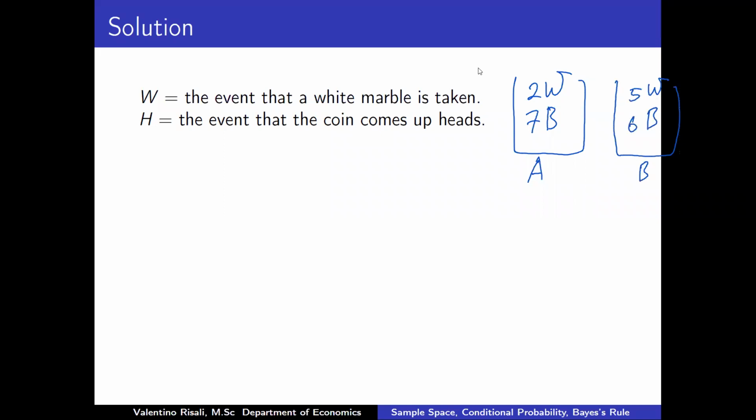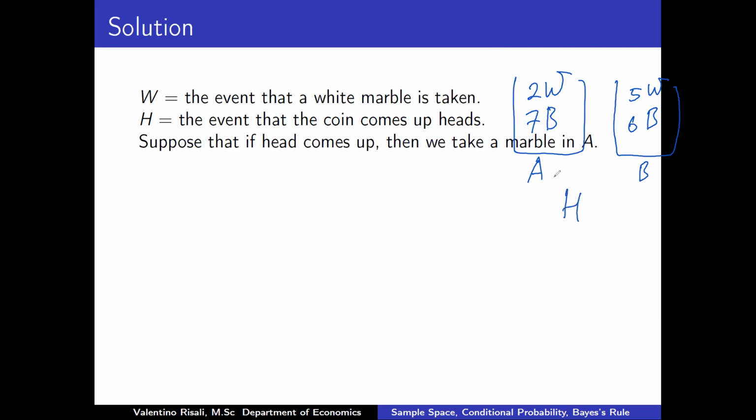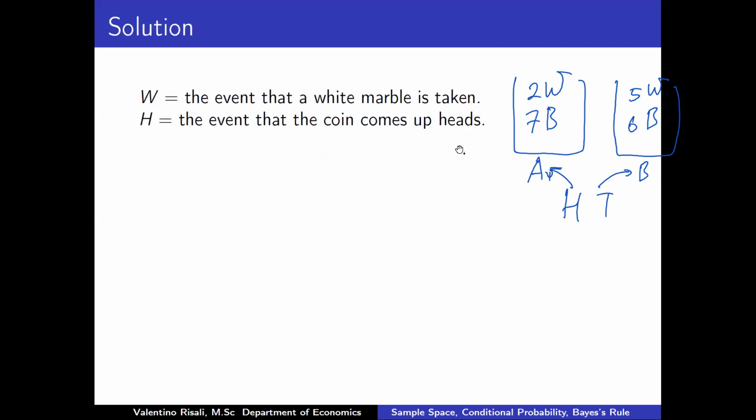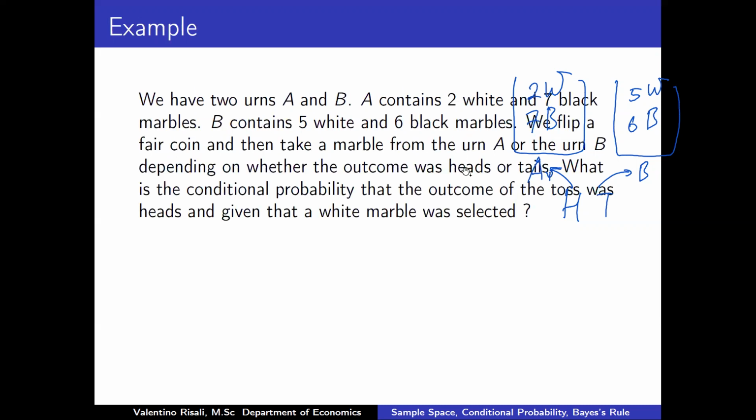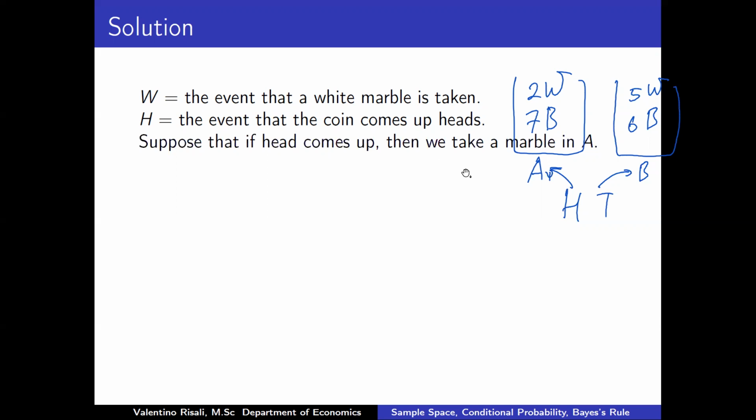Because there are no rules in this problem, we can assume that if heads comes up, then we take from A, and clearly if the result is tails, we take from B. After that, by the question, the given condition is the white marble. So our problem is computing the probability of H given W.